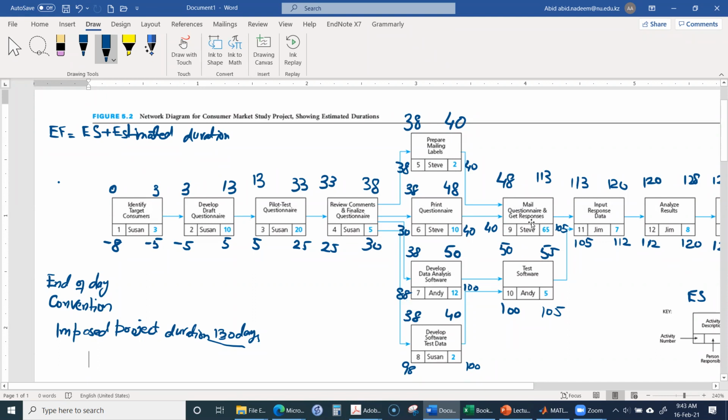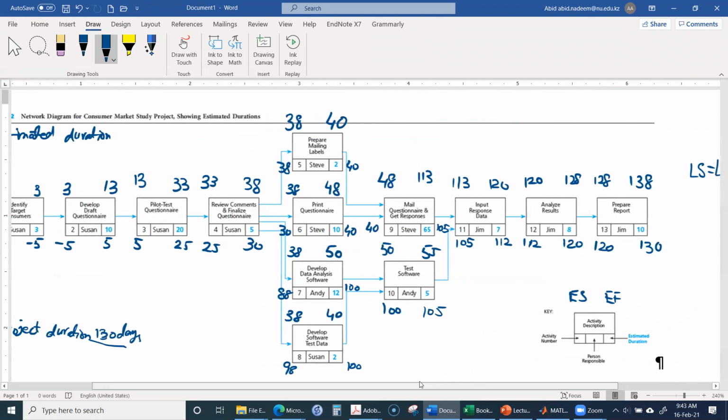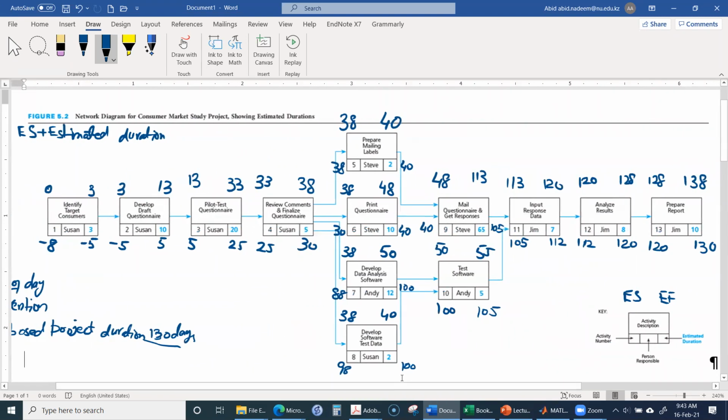But activity 9, activity 11, activity 12, and then activity 13, they cannot be started late. So there are certain activities which need to be started early. There are certain activities which need to be started exactly on those dates.